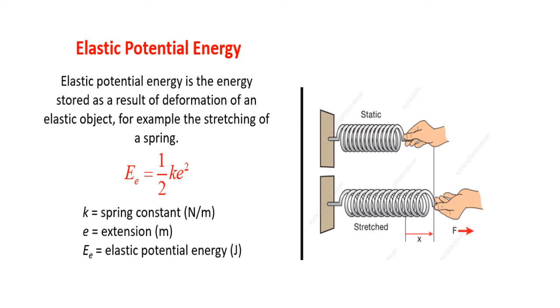The second type of potential energy is elastic potential energy, EPE. It is the energy stored as a result of deformation of an elastic object.